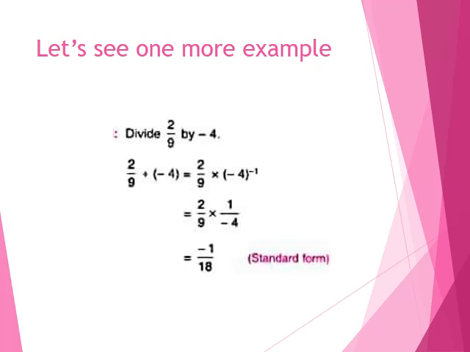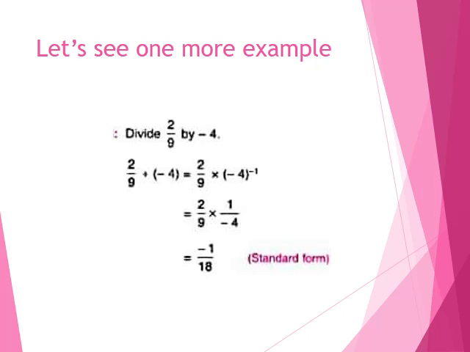See here one more example. 2 by 9 is divided by -4. So 2 by 9, the sign is division, and -4. Now we have to take the reciprocal of -4. So 2 by 9 multiplied by the reciprocal of -4, means in the bracket -4 with power -1.